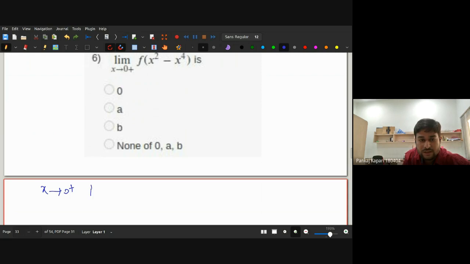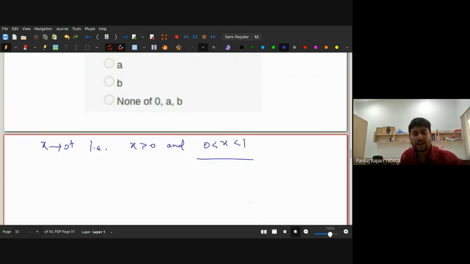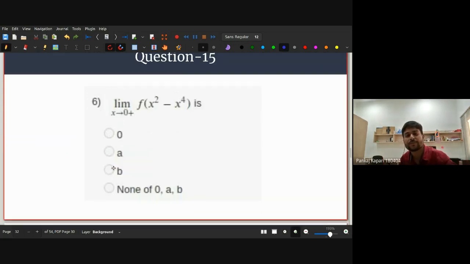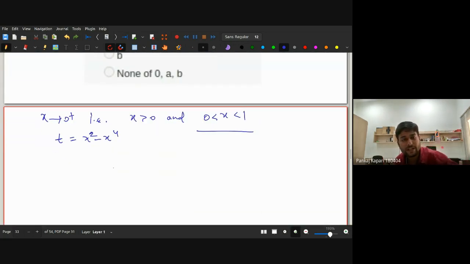We can assume that x is positive, and actually x lies between 0 and 1. So we assume that t is x square minus x to the power 4. What will happen with t when x approaches 0 from the right hand side?